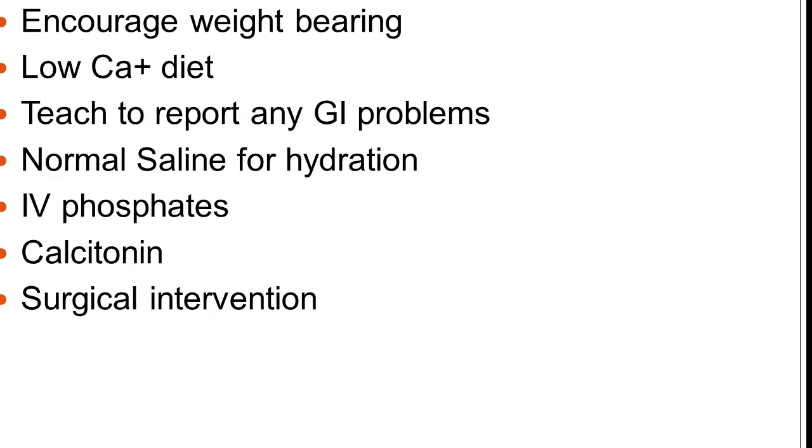These are other continued treatments. Encourage weight bearing and a low calcium diet. Teach to report any GI symptoms. Watch that GI tract. Sometimes they can really start to develop ulcers and things like that. Because calcium levels are high, phosphate levels are low, so we want to give IV phosphates.